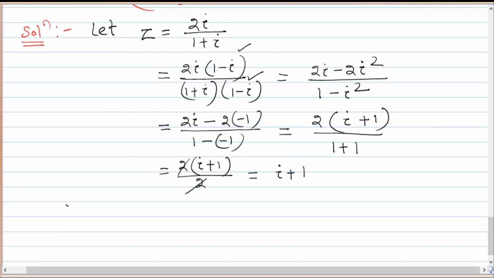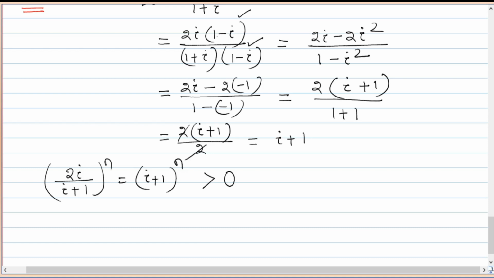He is asking (2i by (1 plus i)) whole to the power n. That means you have to find (i plus 1) whole to the power n, for which this one is greater than 0. Greater than 0 means here (i plus 1) whole to the power 1 is an imaginary number. (i plus 1) whole square, already we have found, how much is it? (i plus 1) whole square is i square plus 1 plus 2i, that is nothing but minus 1 plus 1 plus 2i, so minus 1 and 1 cancel, and the value is 2i.